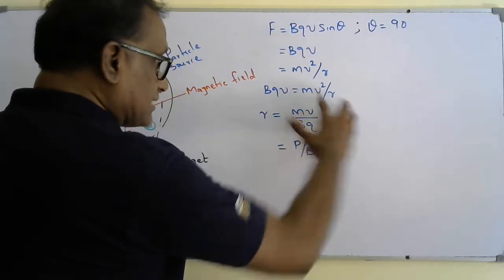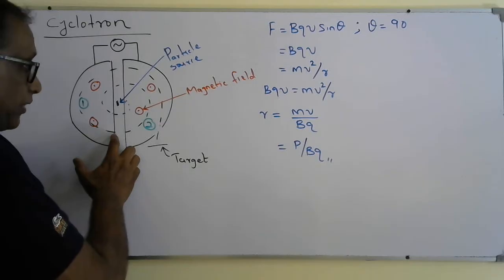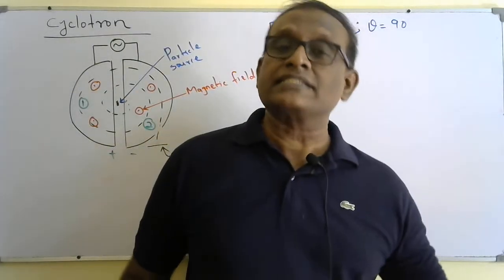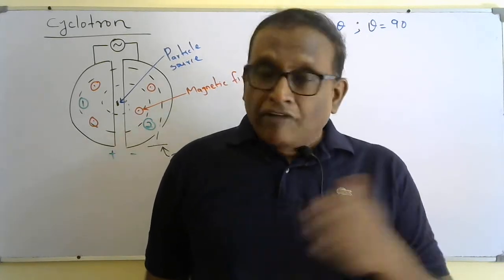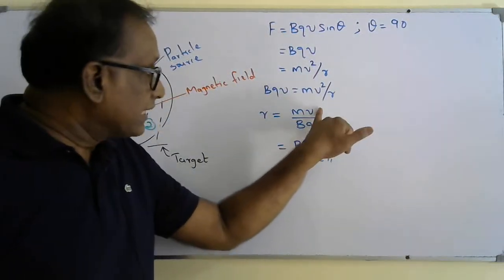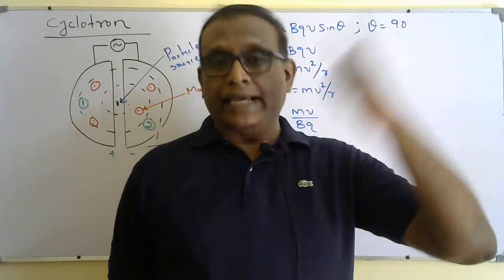When v increases, r will increase. So after crossing the gap, the radius of the orbit of the particle becomes larger than its previous radius. That's the reason every time after crossing the gap, the radius increases due to the increase in speed, and the particle will move on an outward spiral path.